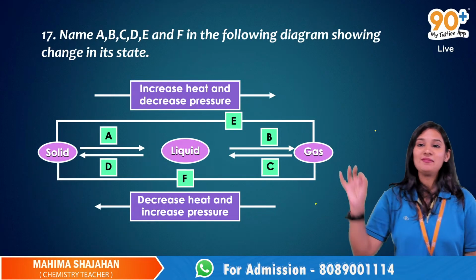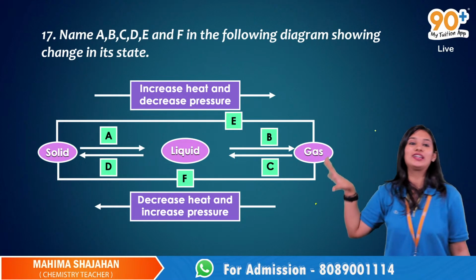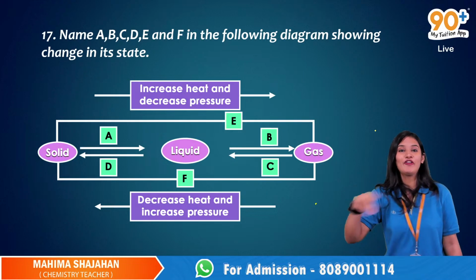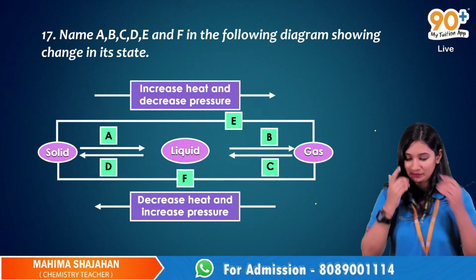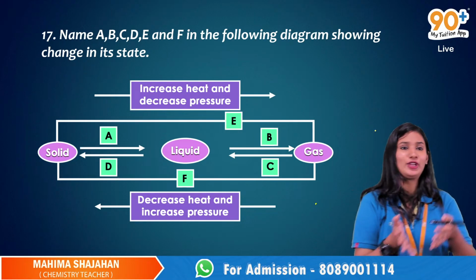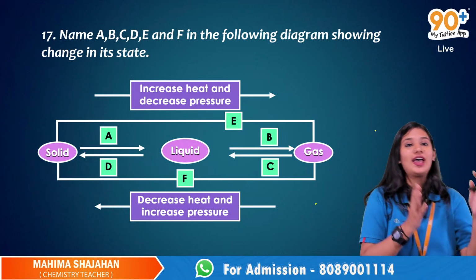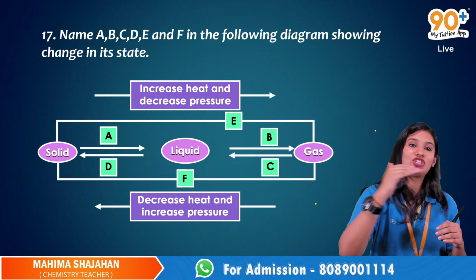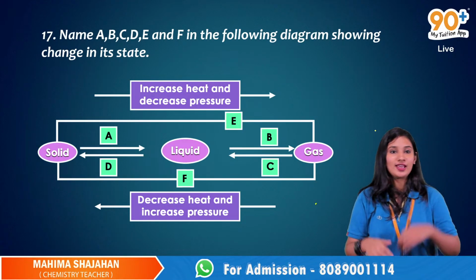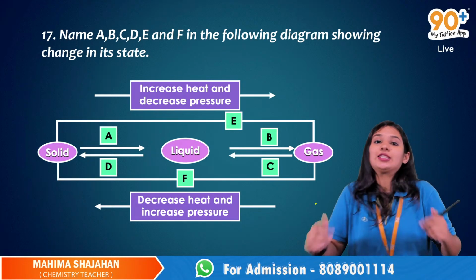Here, name A, B, C, D, E and F in the following diagrams. First, let's start with A. What is actually happening here? We have solid, liquid and gas. Left to right, we are increasing the temperature and decreasing the pressure. Right to left, decreasing the temperature and increasing the pressure.